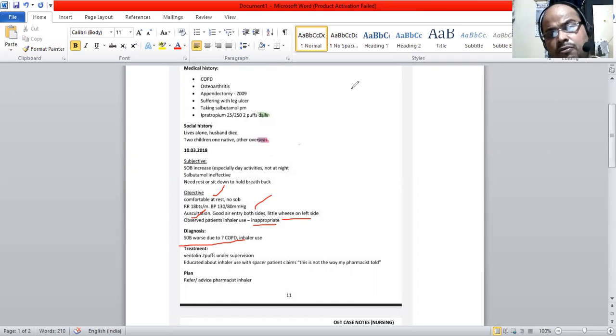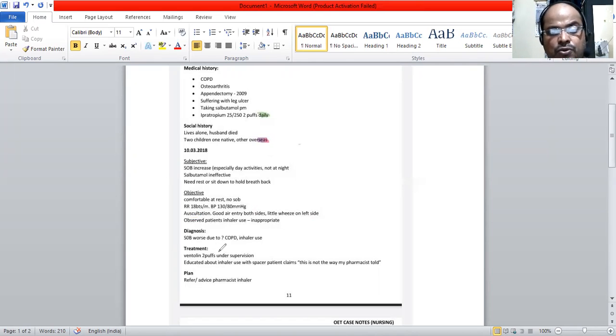What you have given is related to ABC: airway, breathing, and circulation. As a nurse, as a medical professional, you have to act.